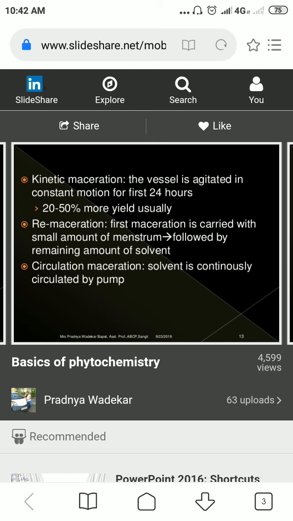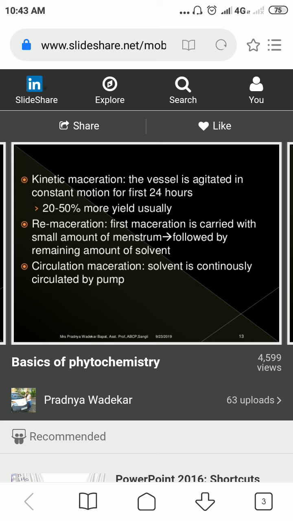Continuous shaking also facilitates the efficiency of extraction. 20 to 50% more yield is obtained by kinetic maceration. Generally a rotary shaker is used for this type of maceration. Continuous shaking is applied so that sedimentation is prevented and the efficiency of extraction increases.